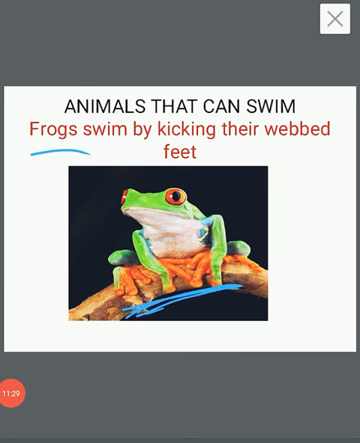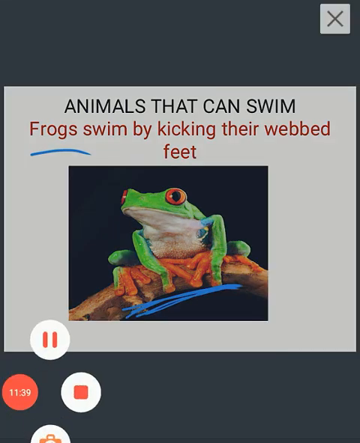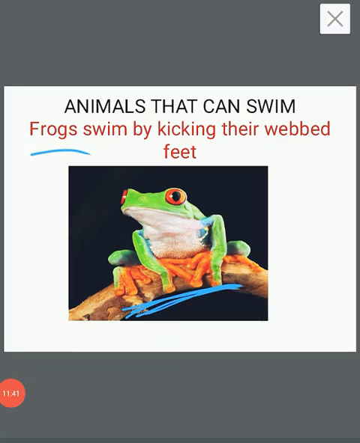By seeing this picture, I hope you'll be able to understand how webbed feet look. So frogs swim by kicking the water with their webbed hind legs. In this way, the frog is swimming.